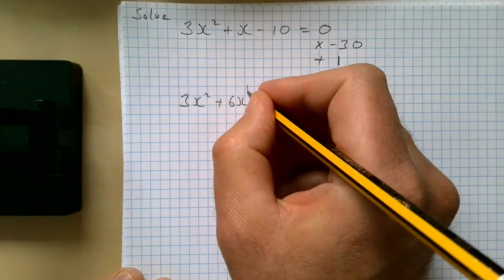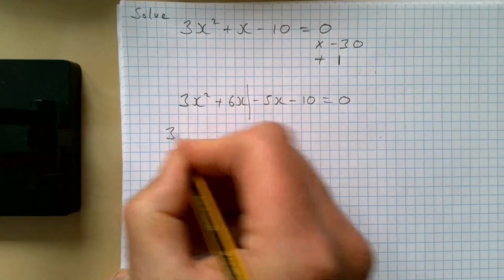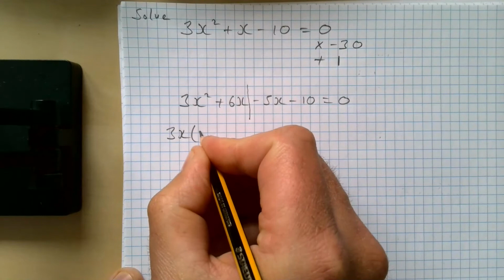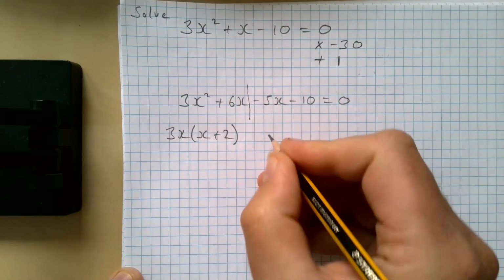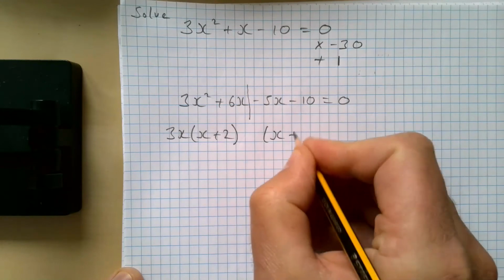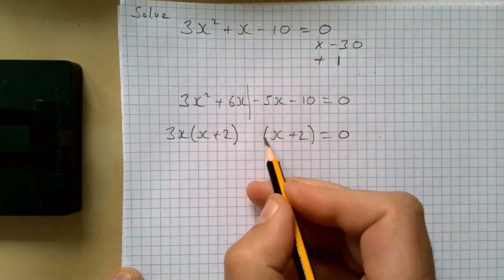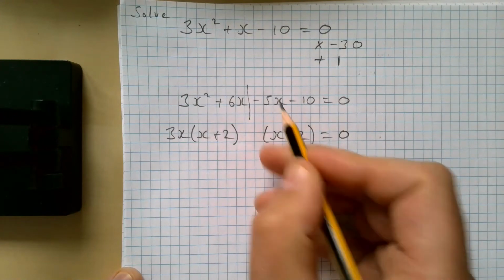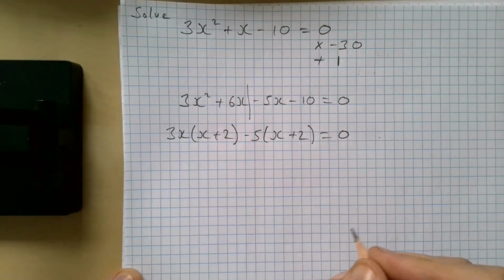I then split it down here, and I factorise these two terms. So the biggest term I can take out of this is a 3x, and then that's going to give me an x plus 2. Our rule is this has to be the same bracket, so it has to be an x plus 2. So what I multiply this by to get my minus 5x is of course minus 5.